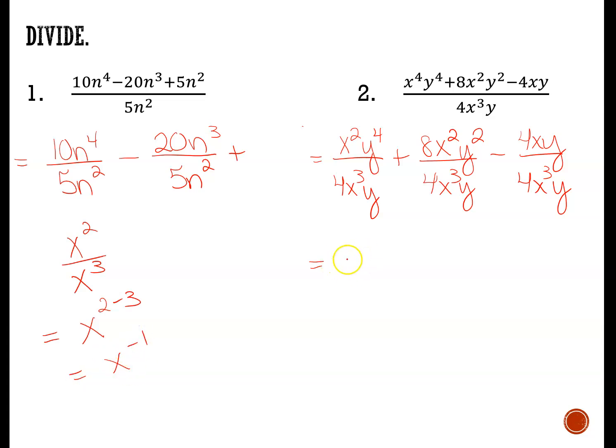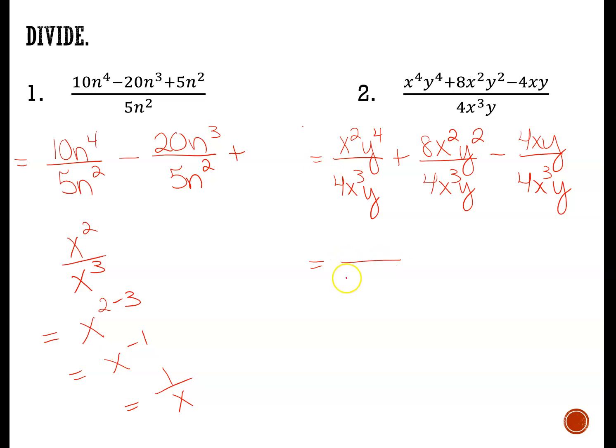And you could write x to the -1, but then you'd have to go to another step and say, okay, I need that to be a positive exponent, so I need to move that down to the bottom. And that will work every time. However, here's a shortcut. If you just look at the variable that's the same and put the variable where the bigger exponent is, then you don't have to go through the negative exponent.